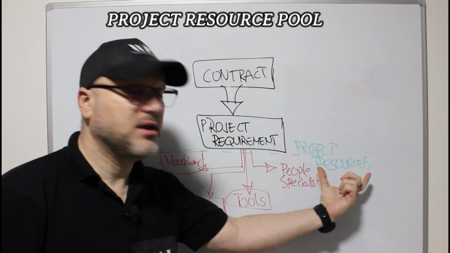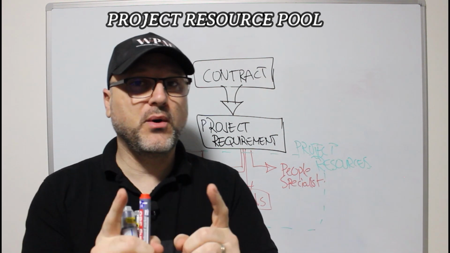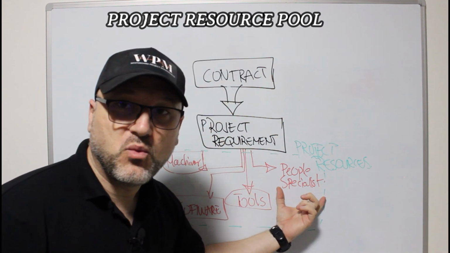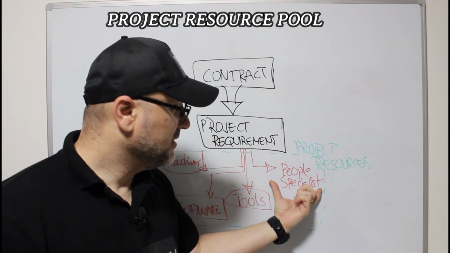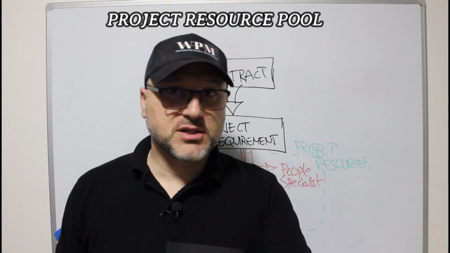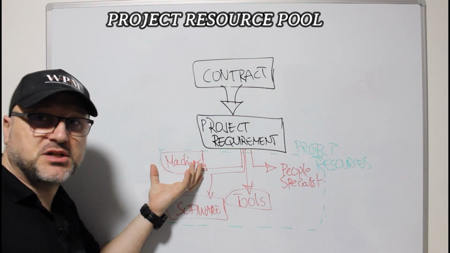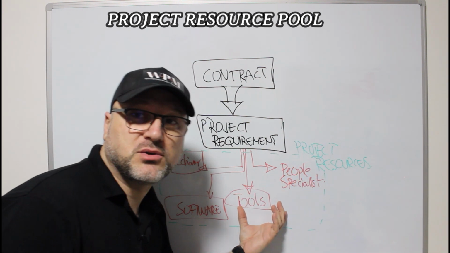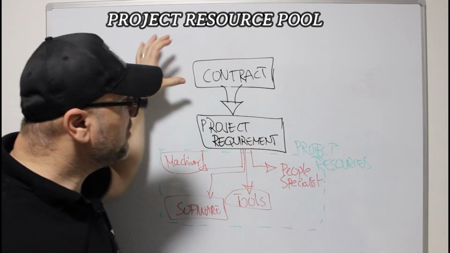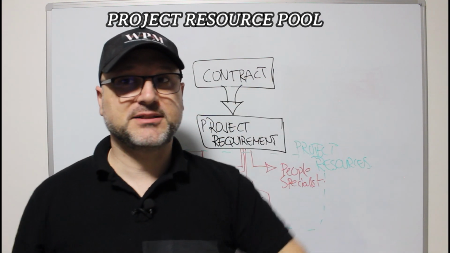Be careful. The meaning of project resources does not mean only human resources. Human resources means we as humans, the specialists. But project resources are the human resources, the machinery resources, the software resources, the tools, everything required in the project to complete the scope of the project specified in the contract.